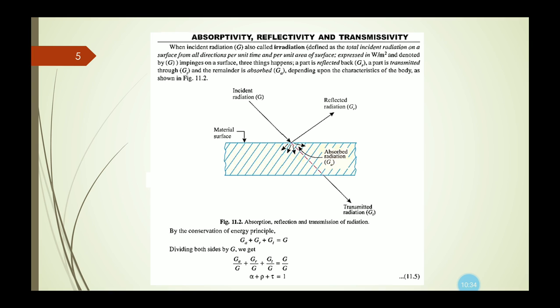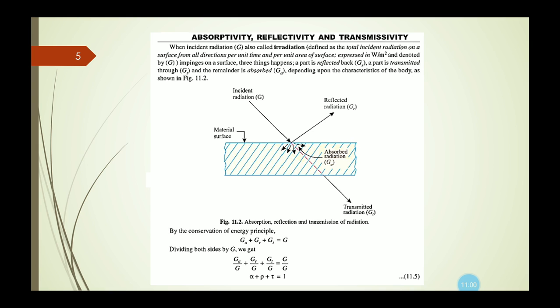Now when this incident radiation or irradiation impinges on a surface, three different things may happen. A part of this incident radiation will be reflected back. Another part will be transmitted through this object, and the remainder will be absorbed by the surface.